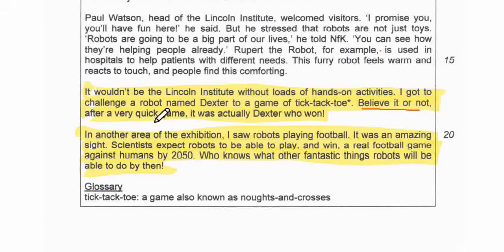After a very quick game, it was actually Dexter who won. Next, the writer used the word actually and also an exclamation mark. So we type 2 points from here.